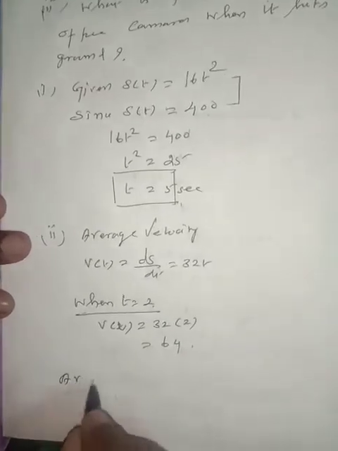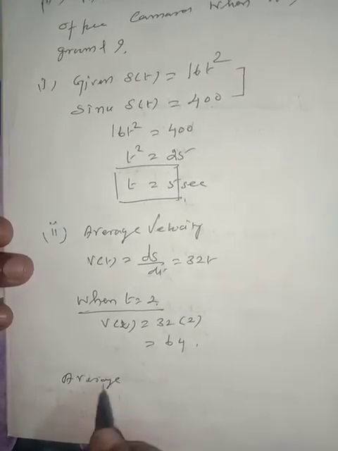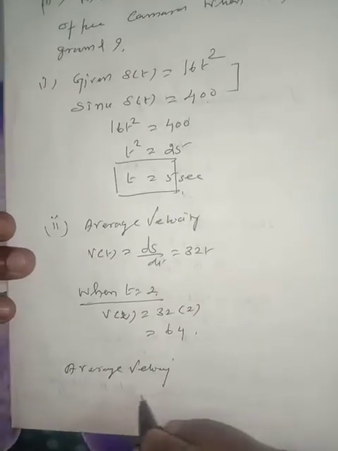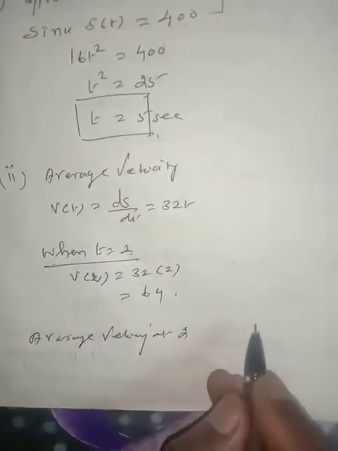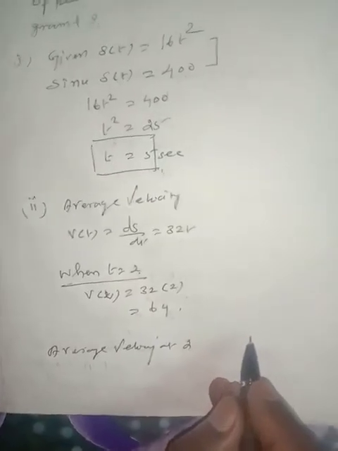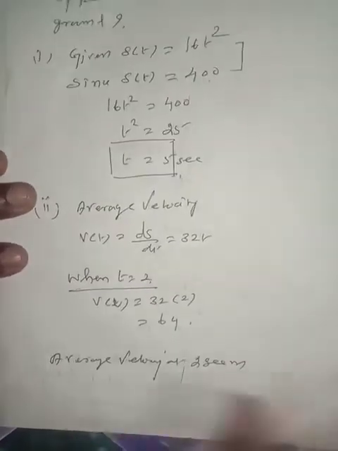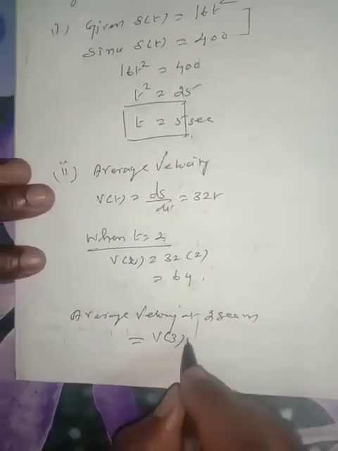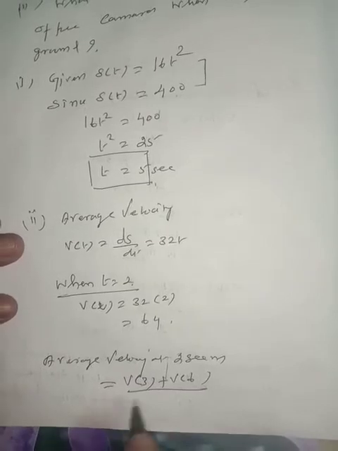Average velocity at 2 seconds is equal to v of 3 plus v of 6 divided by 2.